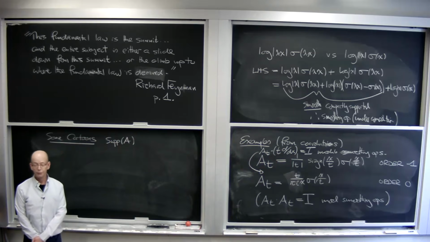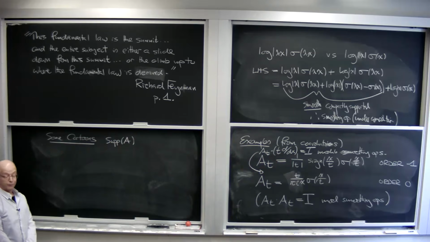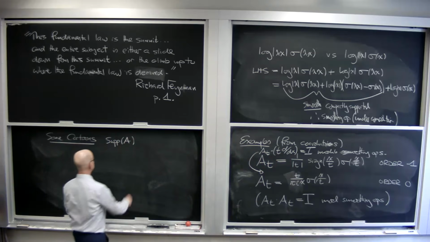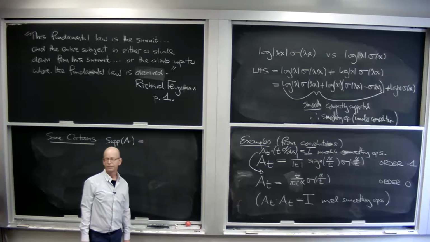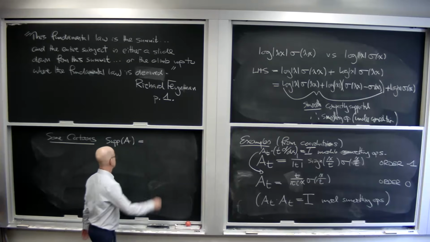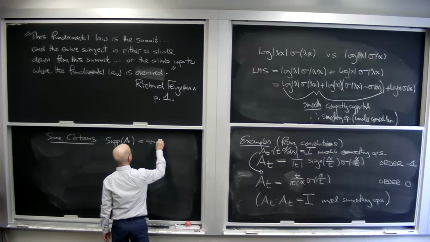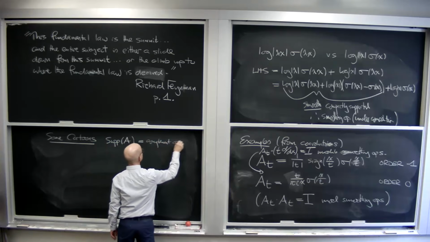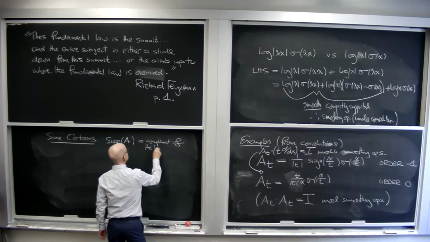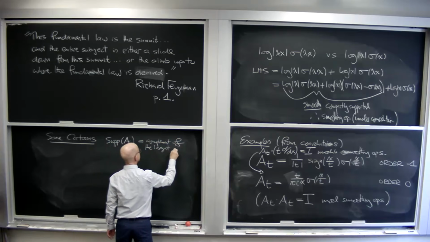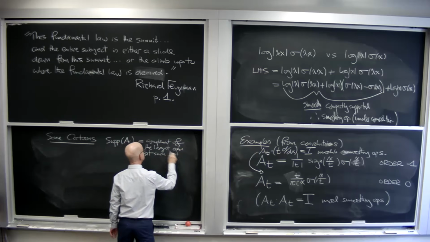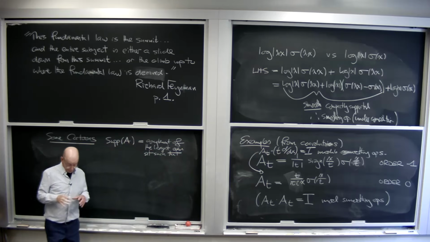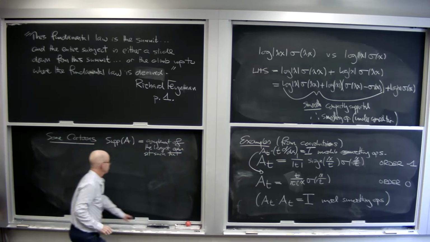Based on the following idea, we've spoken about properly supported operators. Let's just quickly define the support of an operator. When you define the support of anything, it's the complement of the largest open set such that, and the open set is going to be somehow in Rn times Rn.